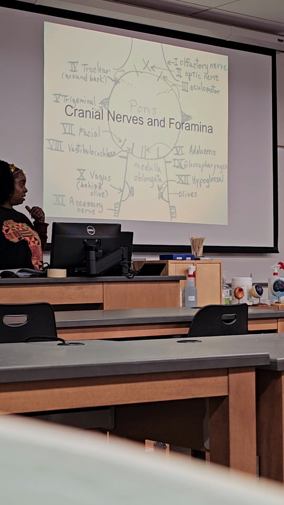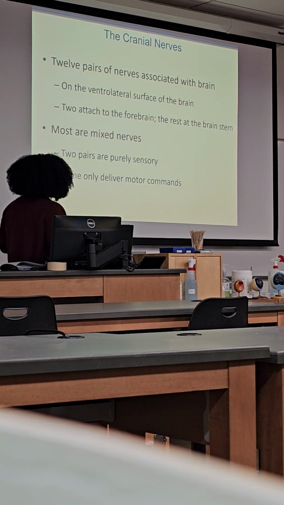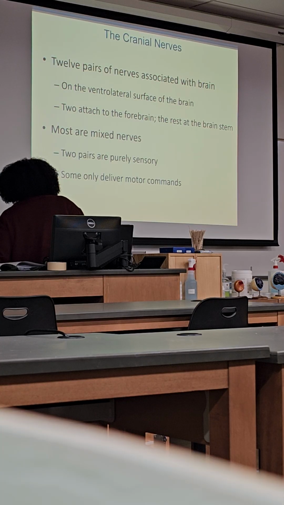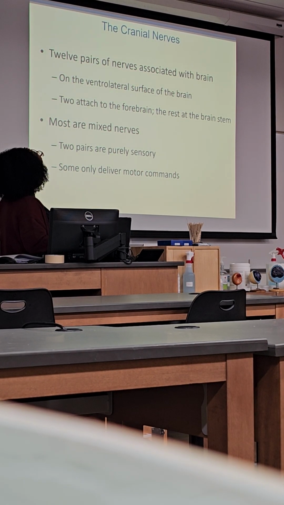Okay, and so look at these slides today. Here we go, cranial nerves. Now we're talking about the 12 cranial nerves that exit the central nervous system mainly along the brain stem.